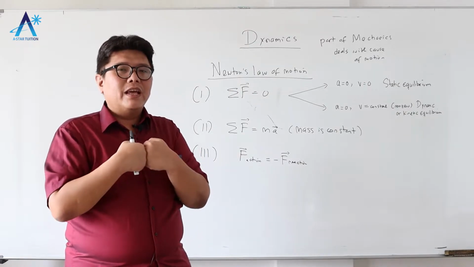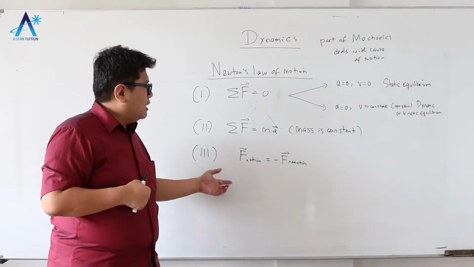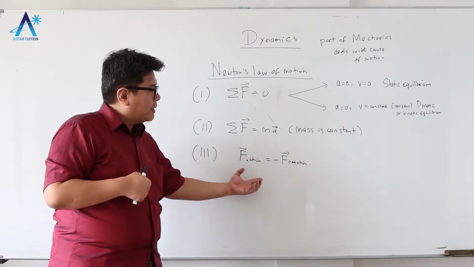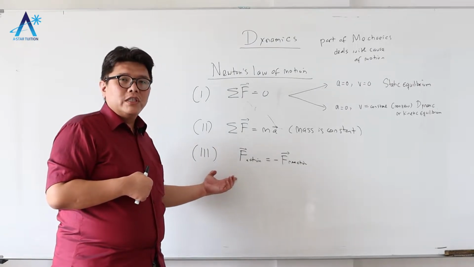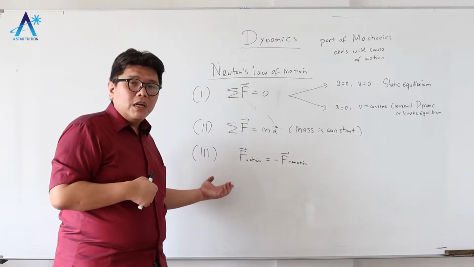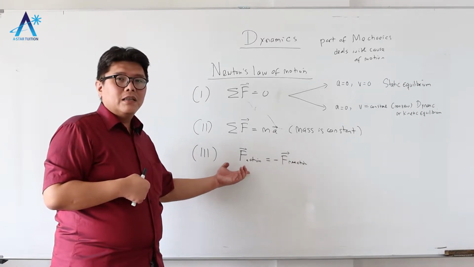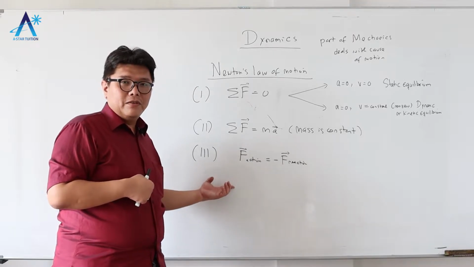That's action and reaction. As you can see, this law is very much related to the notion of conservation of momentum, which we will also discuss in the third part of the video.